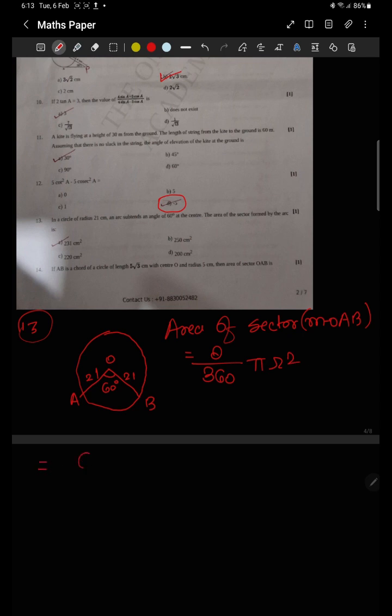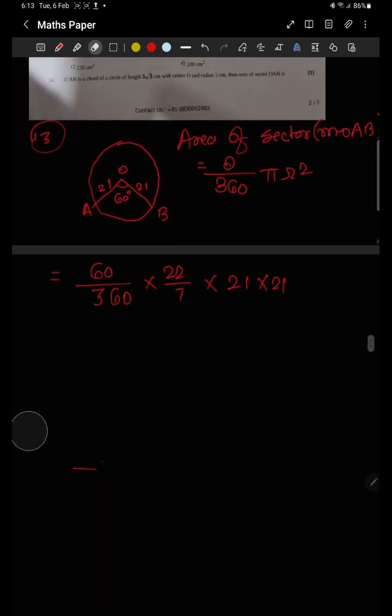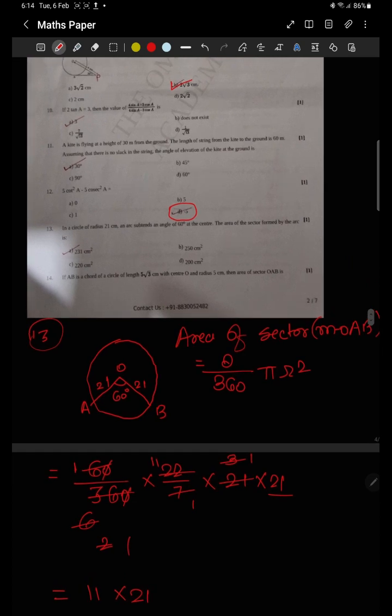So my theta is 60 by 360 into pi 22 upon 7, and r is nothing but 21, r square is 21 squared. Zeros getting cancelled. 6 ones are 6, 6 6s are 36, 7 ones are 7, 3s are 21, 3 ones are 3, 2s are 6, 2 ones are 2. 11 into 21: 11 ones are 11, 11 twos are 22, and 1 carry, 23. 231 is the answer. Check. Yes, option number A is correct.